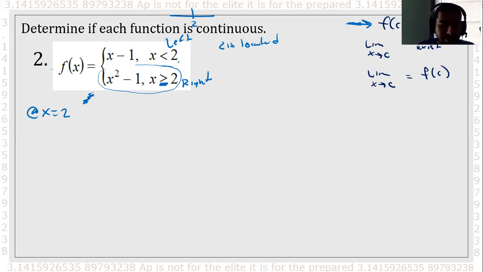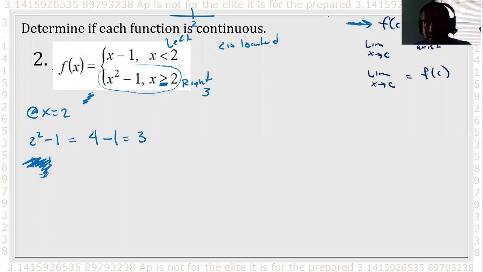So I'm going to substitute it into here. At x equals 2, I got 2 squared minus 1. Whoa, 2 squared is 4 minus 1. There you go, 3. So the right-hand side said it was 3. So f is defined. Yep, it gave me a number.